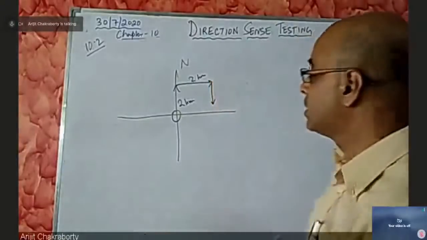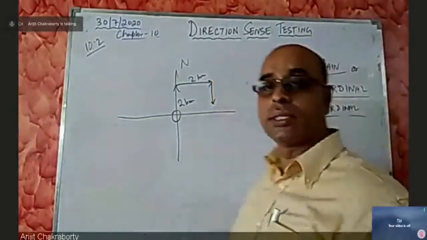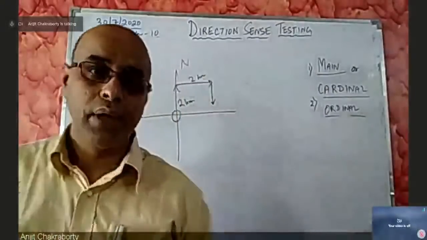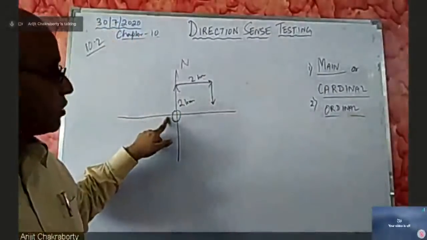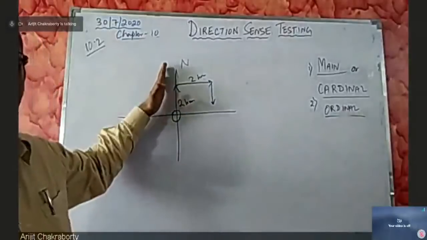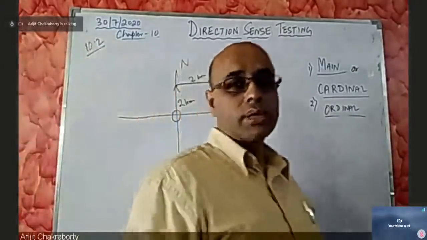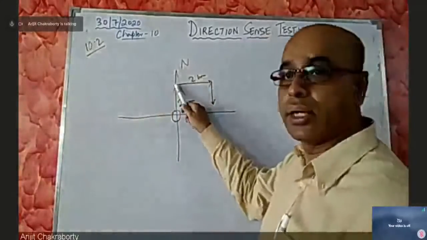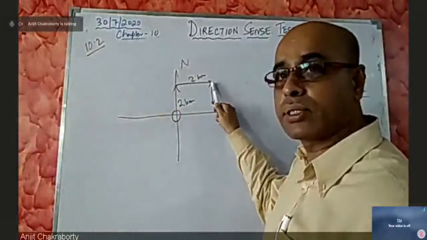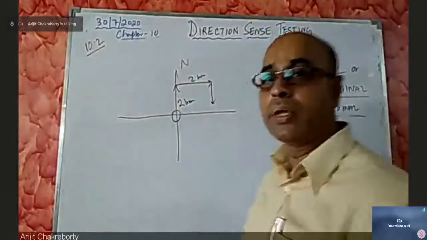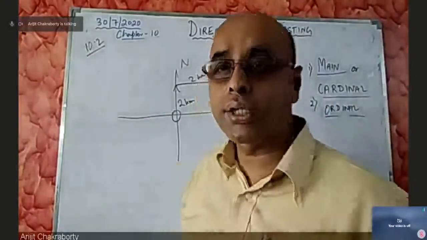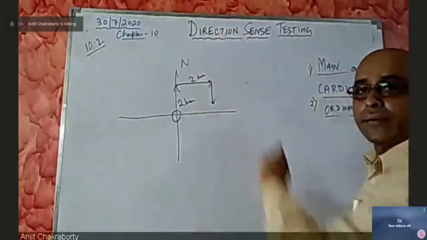So the question is, in what direction is the man walking now? So he started from here, 0, moving towards north, takes a right turn, walks for 2 kilometers. So taking the first right turn here, walks for 2 kilometers, again takes a right turn. The question is, in which direction is he now walking?